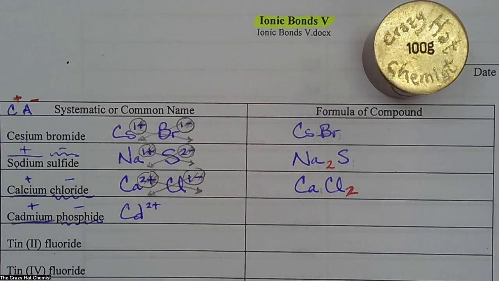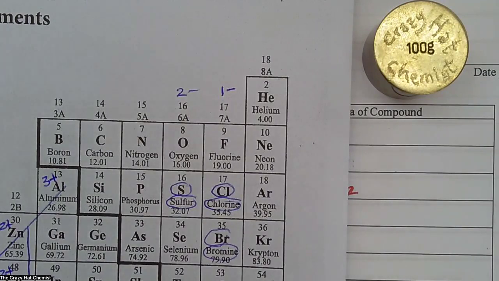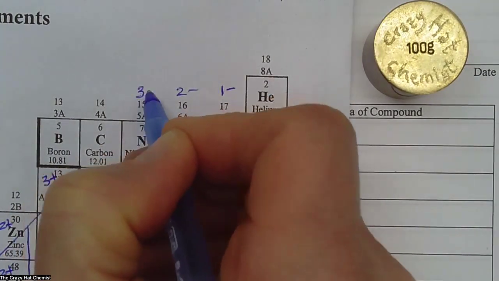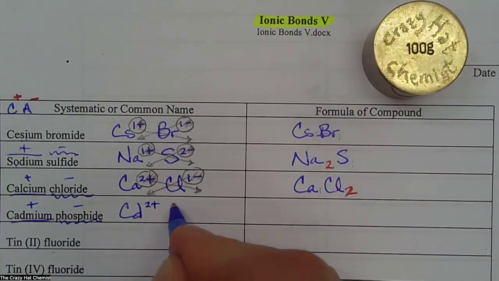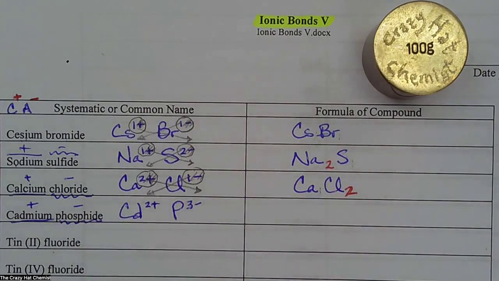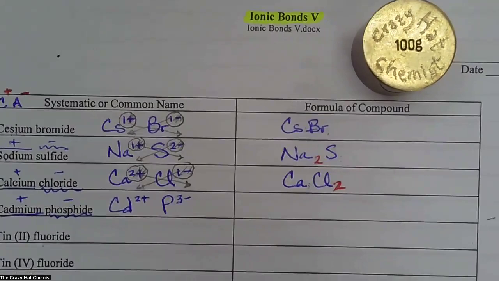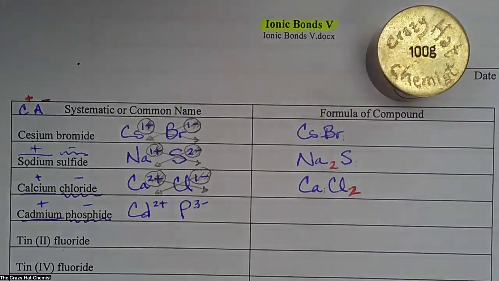And then it is phosphide. Phosphide is also a periodic trend, and that's coming from phosphorus. That's a P, and that is in the 3- column right there. So that is a P and a 3-. Alternatively, you can look at my ion sheet, and it is most certainly there as well. And let me show you where that is.